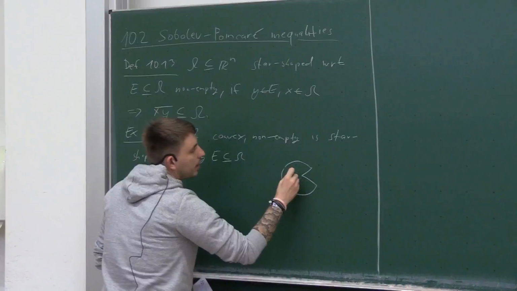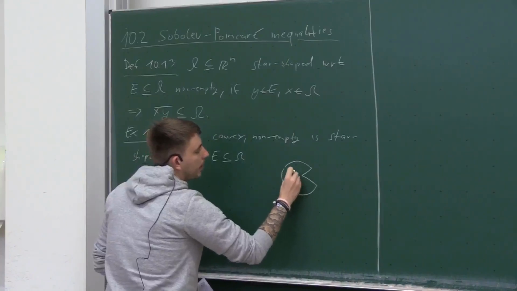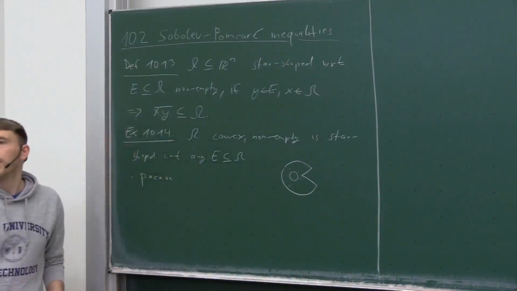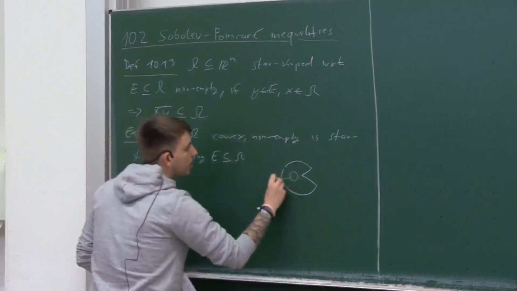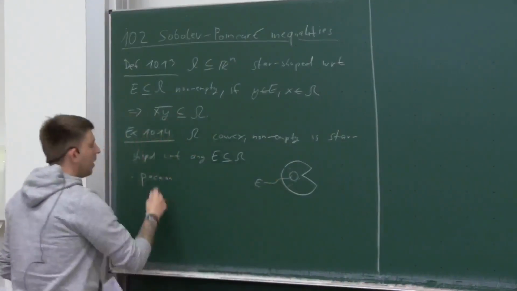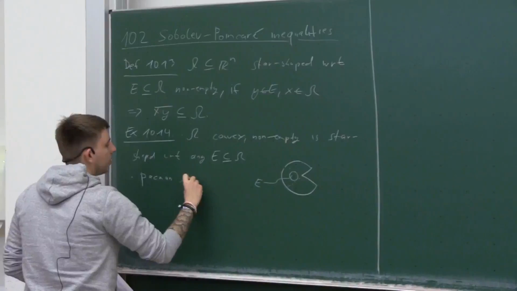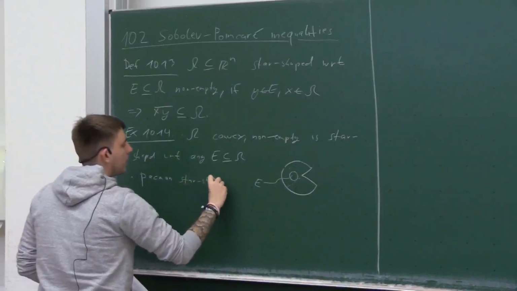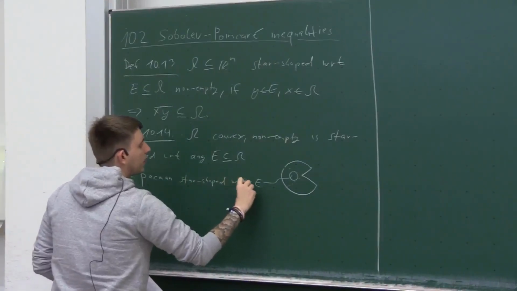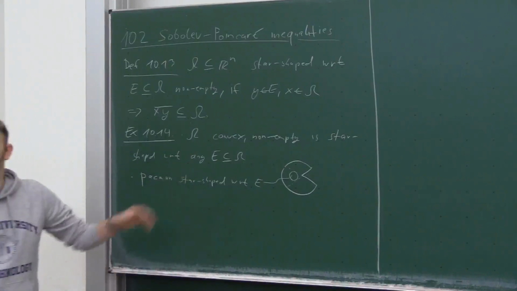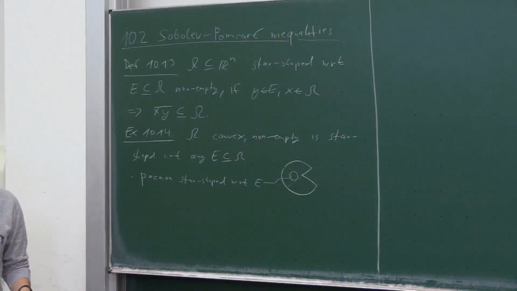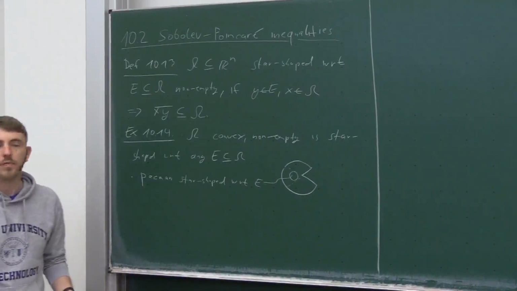Maybe I can take some ball like this, and then the Pac-Man will be star-shaped with respect to this set. Okay, so this is E, and the Pac-Man is star-shaped with respect to this E. Of course we notice that this Pac-Man is not convex, but it's star-shaped with respect to balls in this special area. So it's really a generalization of convex sets.